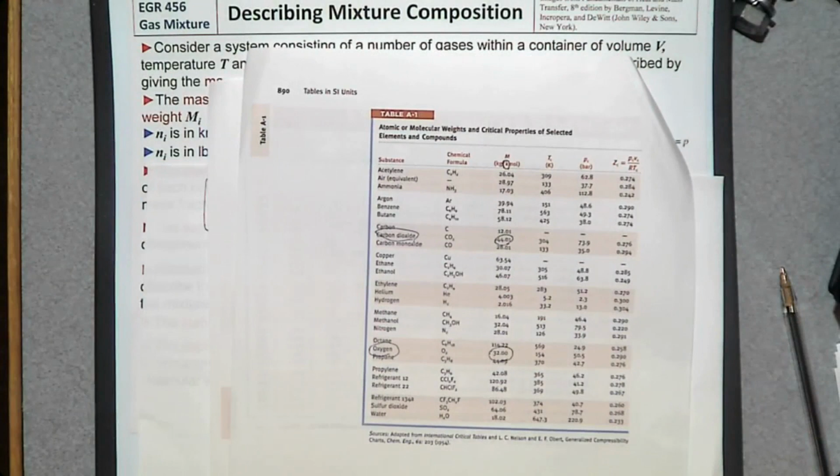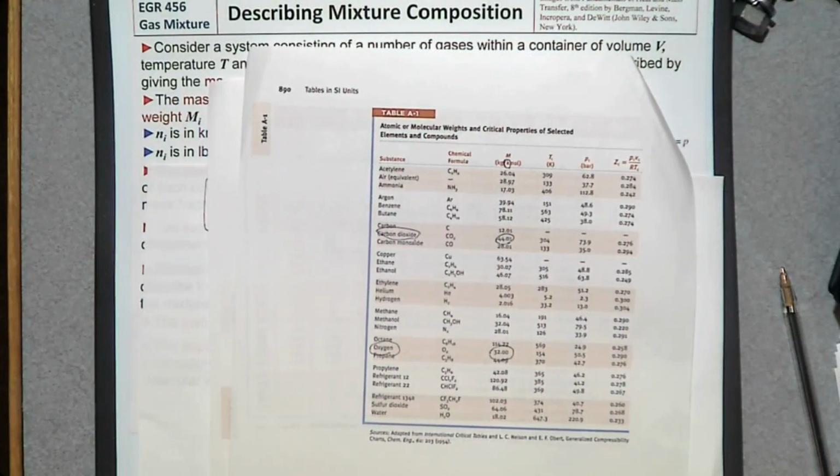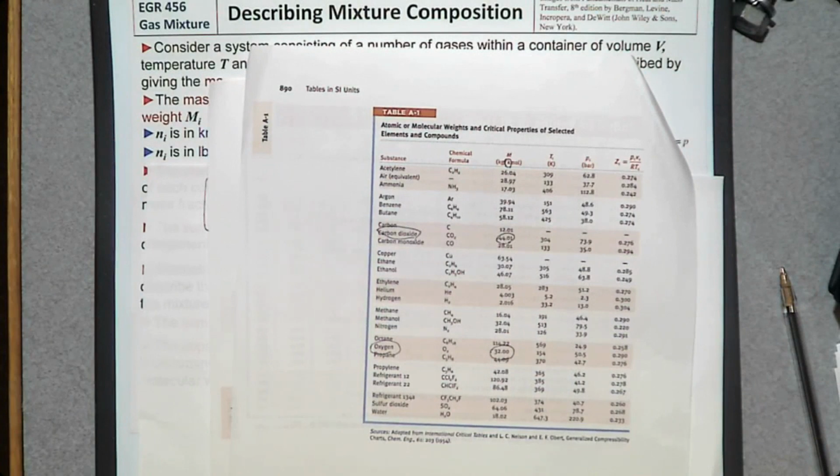If you go to table A1, you see this capital M. This is molecular weight. Look at the unit: kilogram per kilomole. So that means this is the mass of the system when you have 1 kilomole of your system.